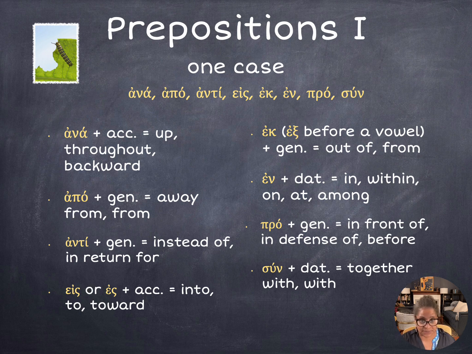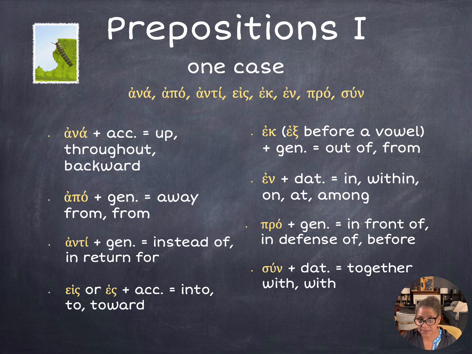So anti plus the genitive. Eis or es, they're the same, just a slightly different spelling: into, to, or toward. And they're going to take the accusative because we already said that the accusative has to do with toward. Ek or ex before a vowel, out of or from, so therefore genitive.